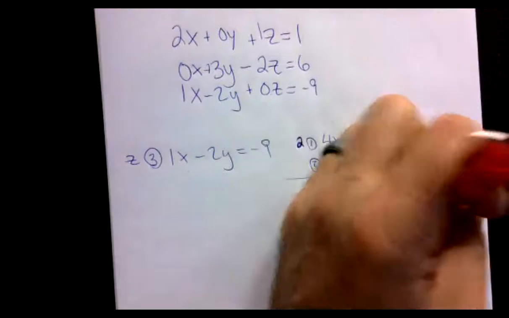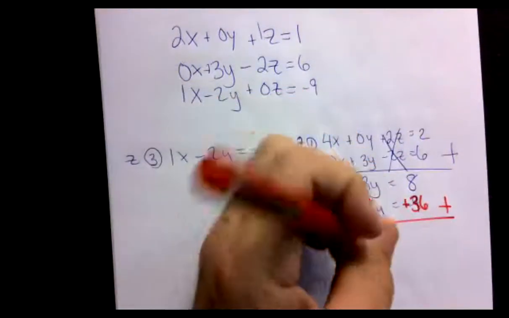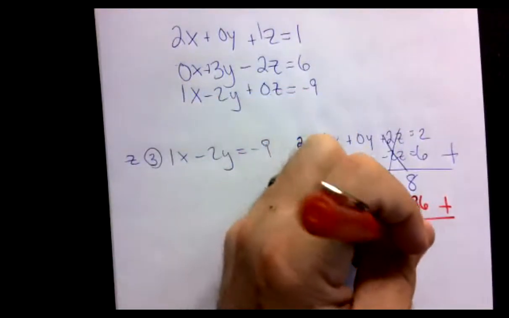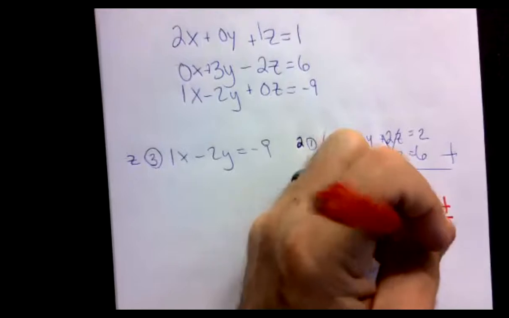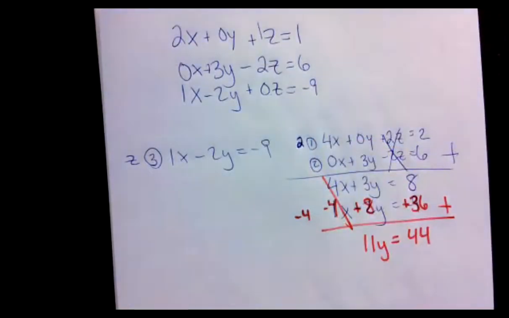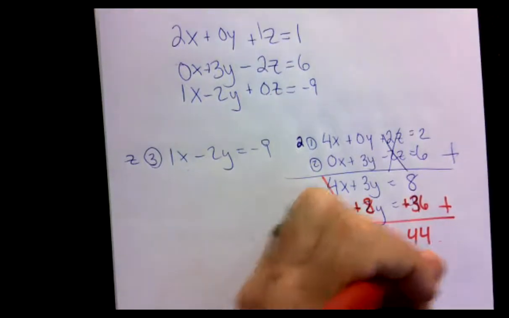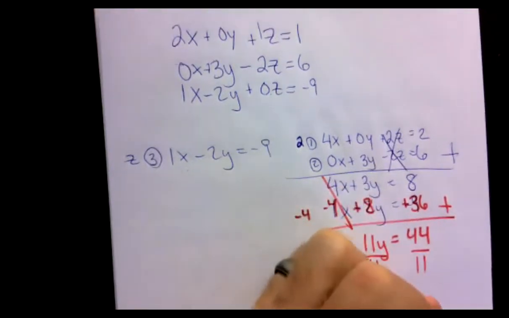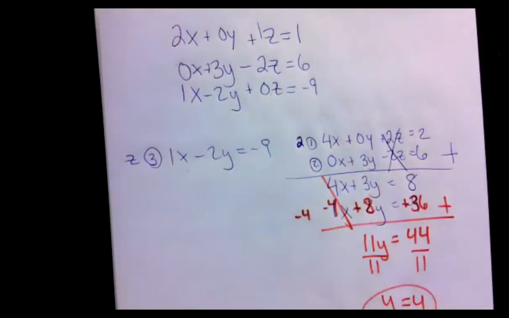So that whenever I add those together, I'm going to get 11y equals 44. Now I'm down to one variable, divide, y is 4.